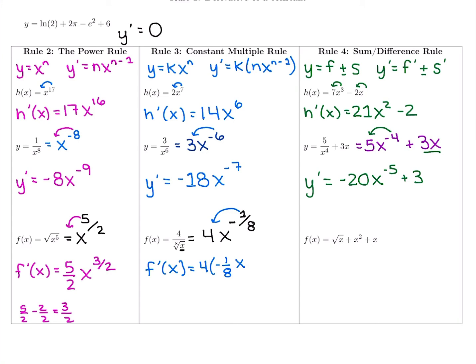And then you have x to the negative 1/8 minus 1. So negative 1/8 minus 8/8 is going to give us negative 9/8. And then we could certainly multiply these out. 4 times negative 1 is going to give us negative 4/8, which is the same thing as negative 1/2. X to the negative 9/8.